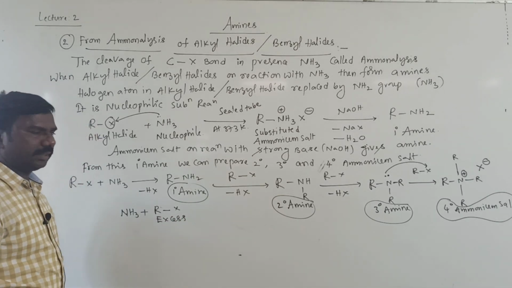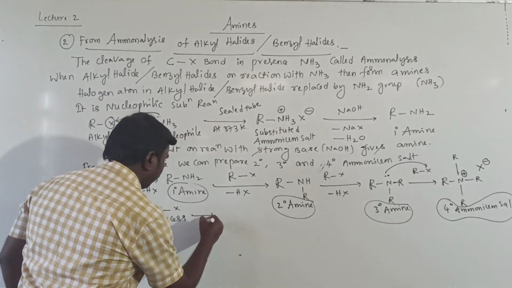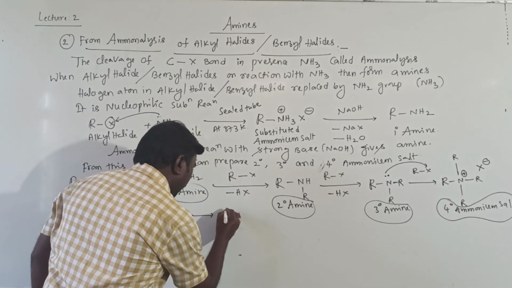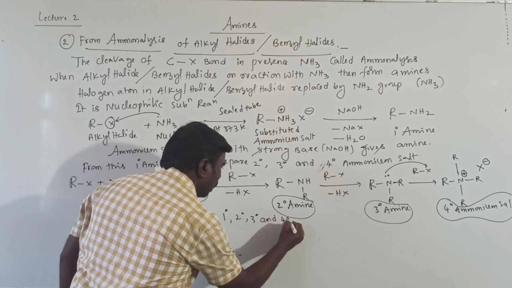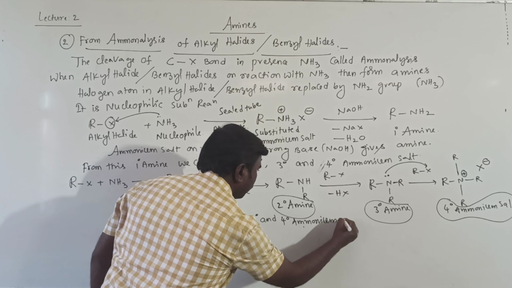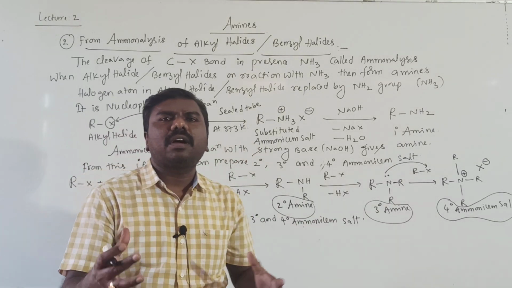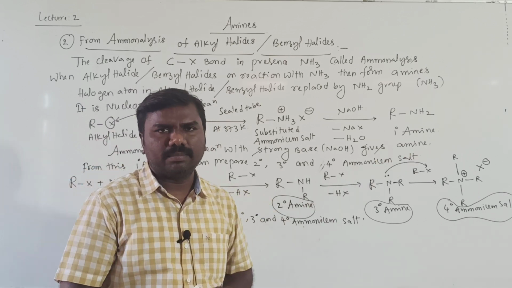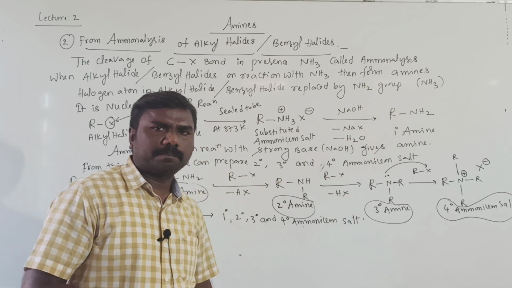If I take excess, 1, 2, 3, 4 times, then I will get primary, secondary, tertiary amines and quaternary ammonium salt. A mixture is formed because excess alkyl halide is available, so the reaction extends from primary to quaternary.